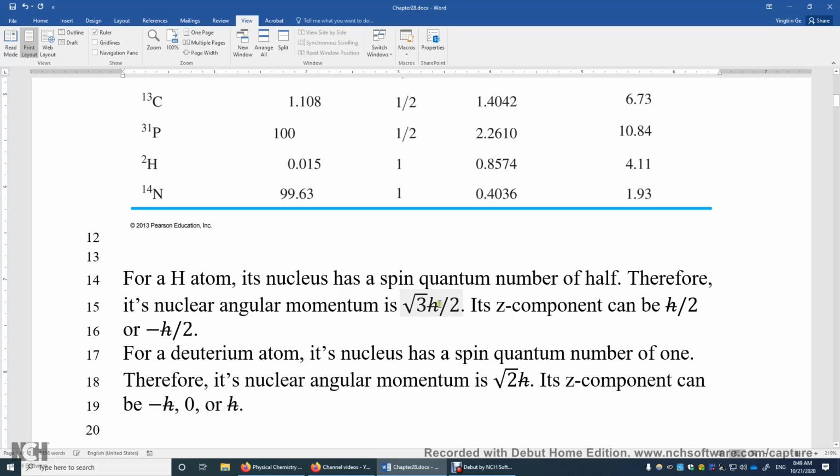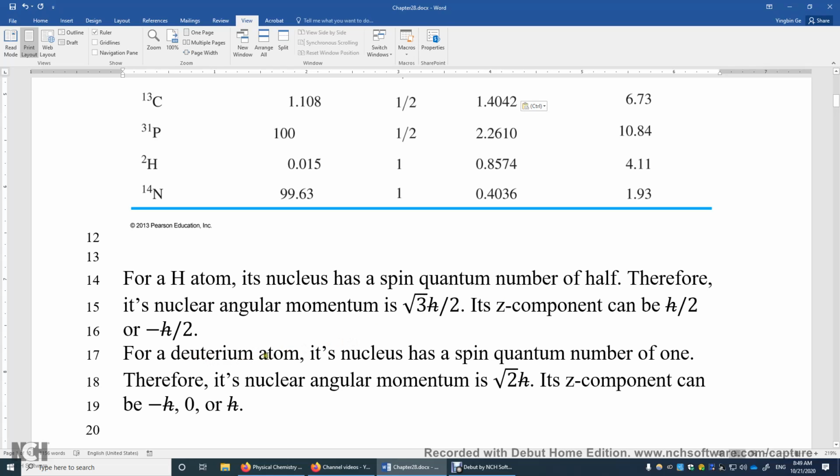So really it's just square root of 3 h bar over 2. Its z component can be just 1/2 h bar or negative 1/2 h bar. What is the z direction? It's arbitrarily chosen, but if you put your hydrogen nucleus in an external magnetic field, the direction of the magnetic field is your z direction.